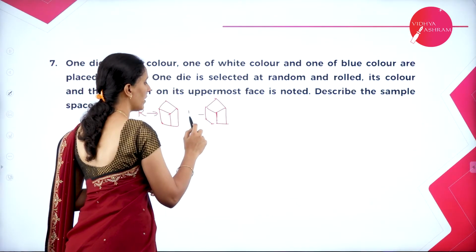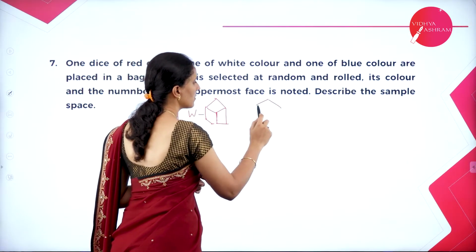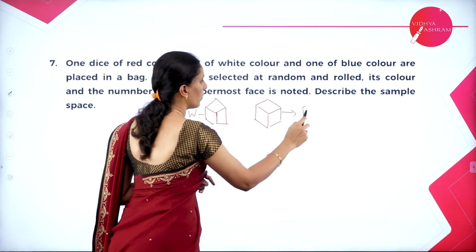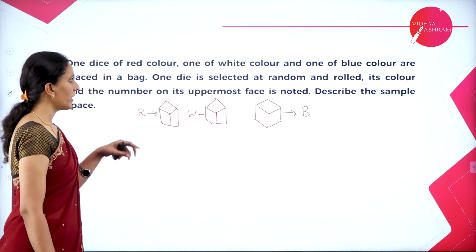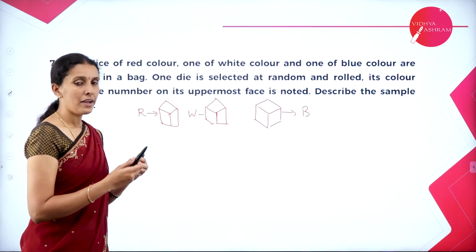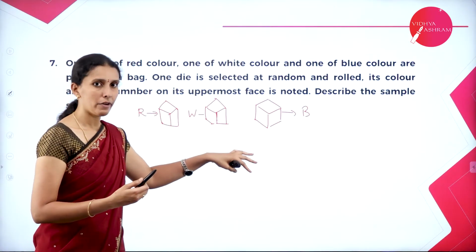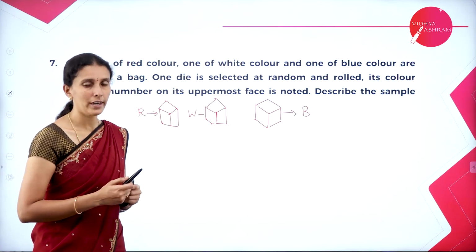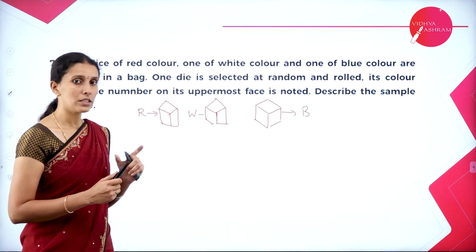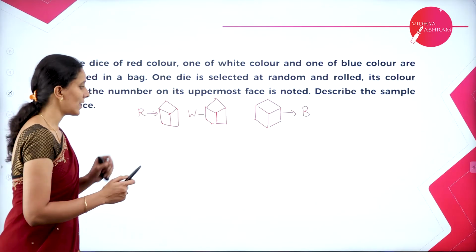So this is the white one and the next one is, so this is the blue one. So we have to take a die and roll. Whenever you take any one of the dice, first the color is noted, then the number is noted. So what are the sample points of this experiment?